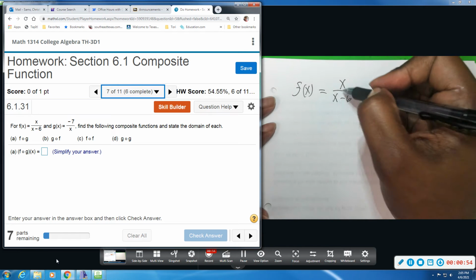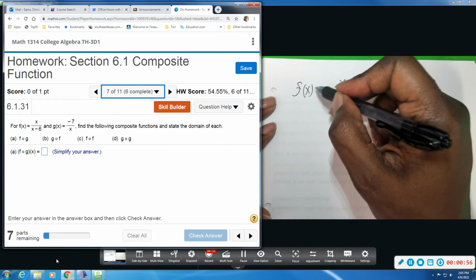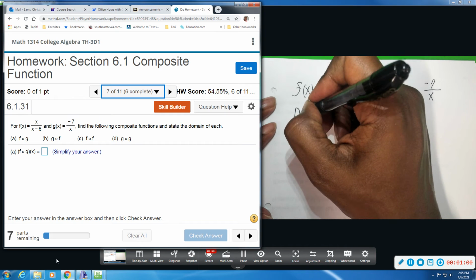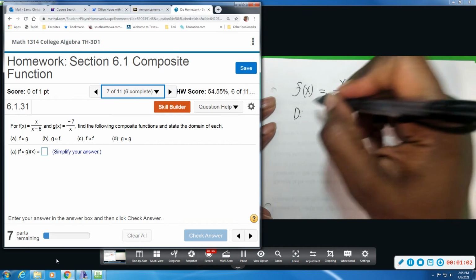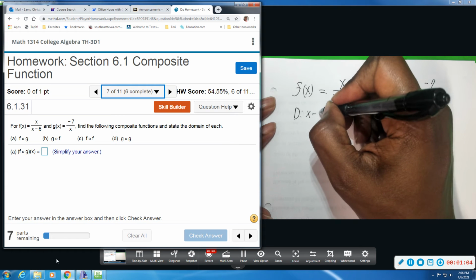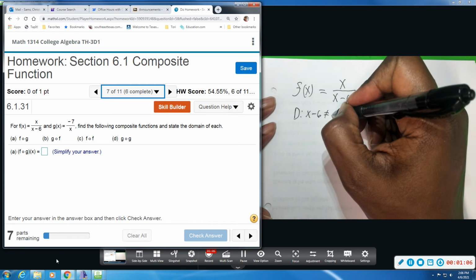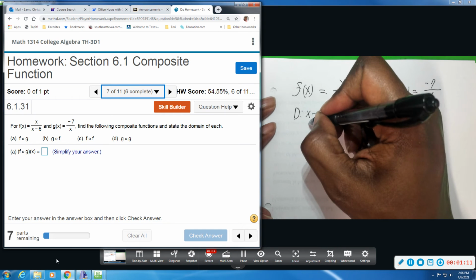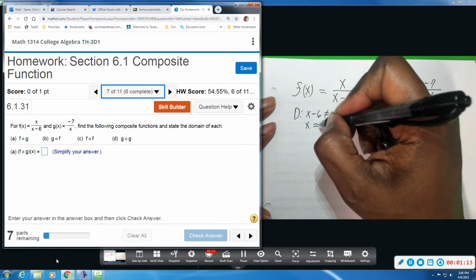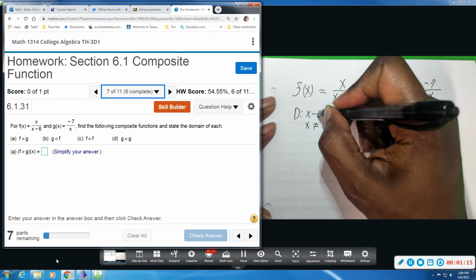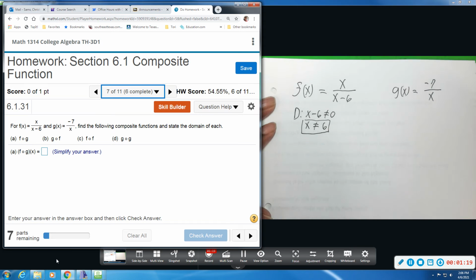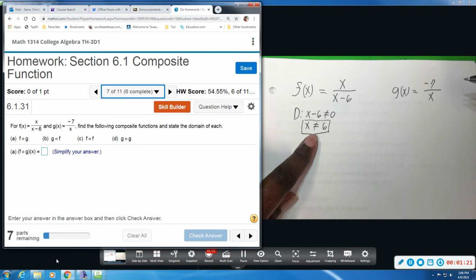So we're going to find the domain for f of x. For f of x, x minus 6 cannot be 0, because if so, we would divide by 0. And solving for x, we get that x cannot be 6, because if you add 6 over, this is our domain for f of x. Everything works except for the number 6.